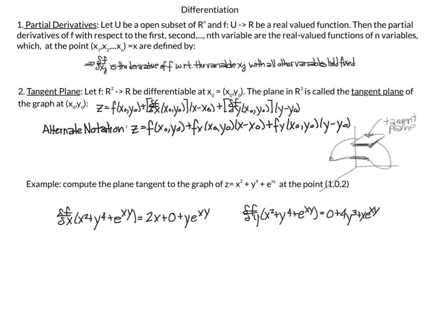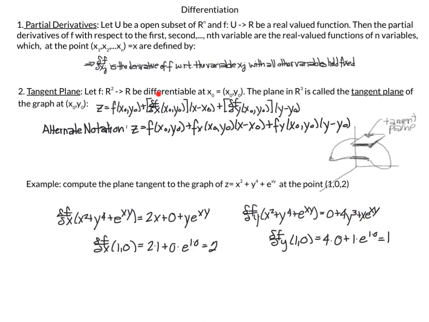The derivative of f with respect to x, when we have x squared, y to the fourth, e to the xy, treating y as a constant: the derivative of x squared is 2x. This is a constant, so the derivative is 0, and here we get our constant times e to the xy. So this is df/dx. df/dy now is equal to, treating x as a constant and y as our variable, 0, then we get 4y cubed, and here we get x e to the xy.